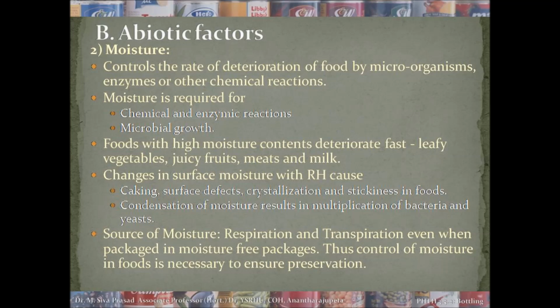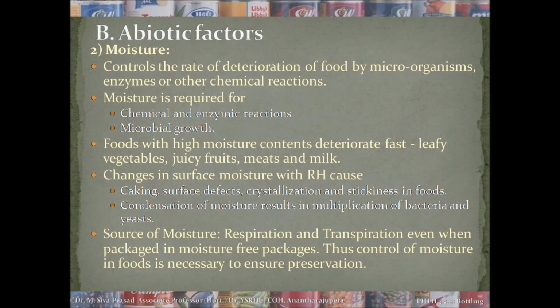And what exactly are the changes that you observe when there is a change in the surface moisture with relative humidity? When there are sudden fluctuations in the moisture levels, it causes stickiness or crystallization, and you will even find certain cracks and caking on the surface of the food.